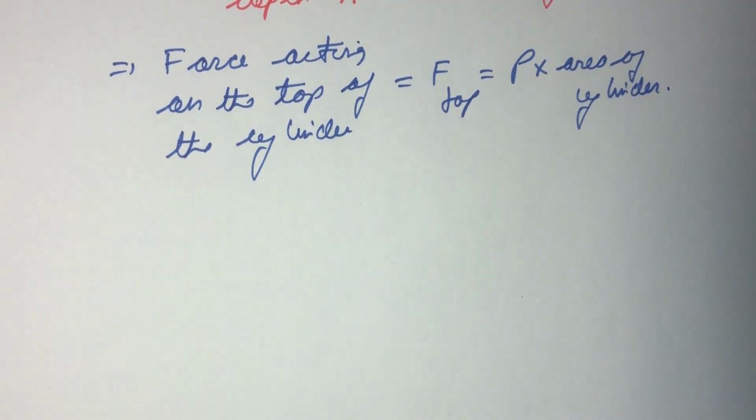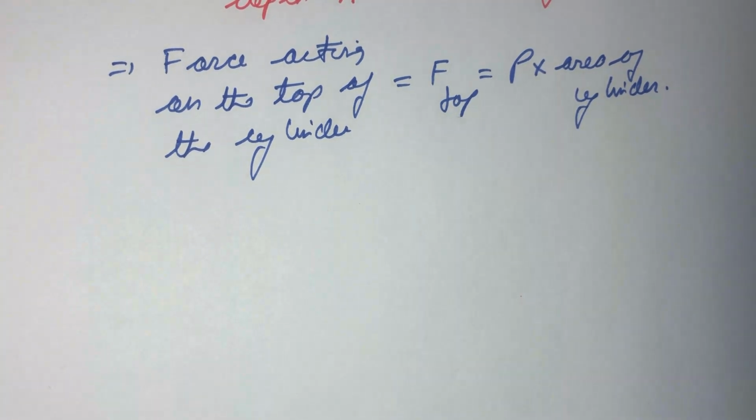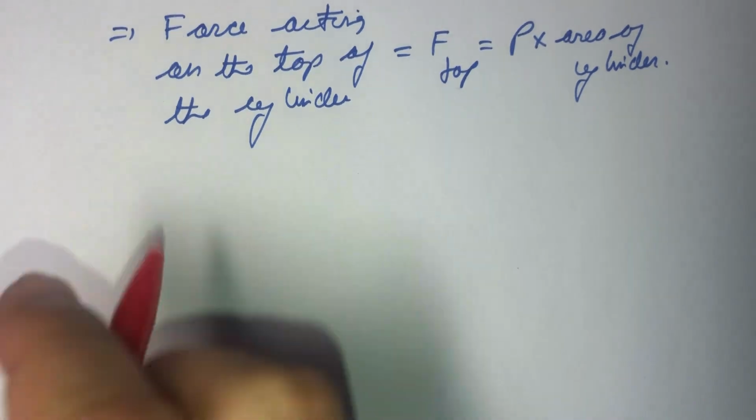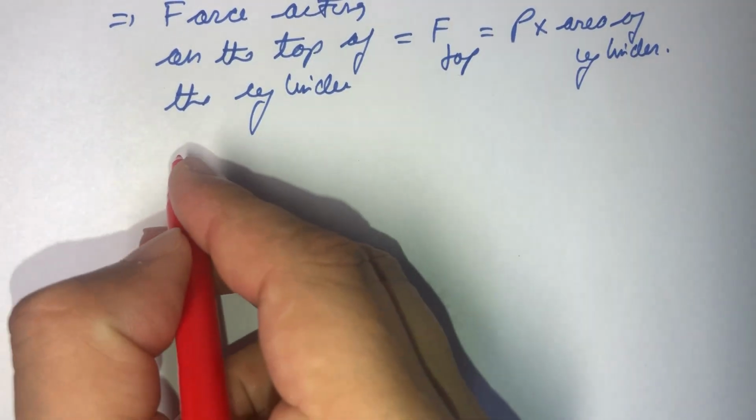Radius is not given as small r, it is given as capital R, the cylinder of radius capital R.